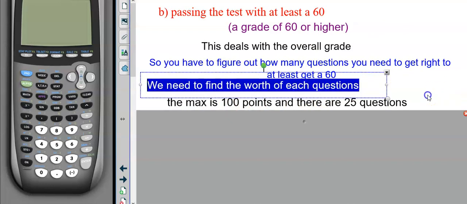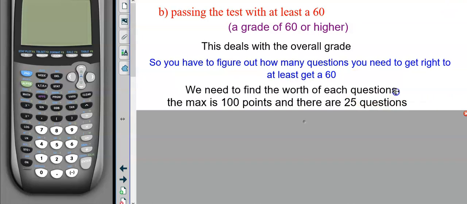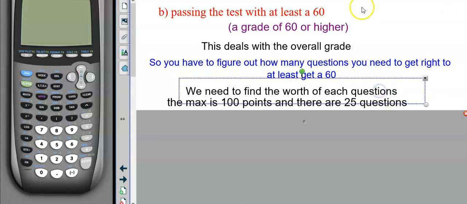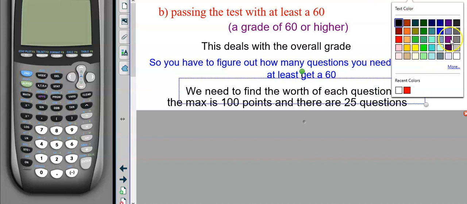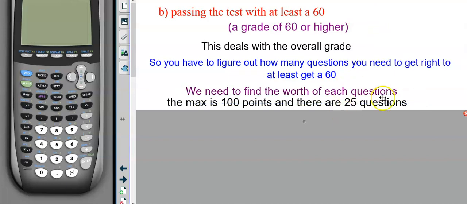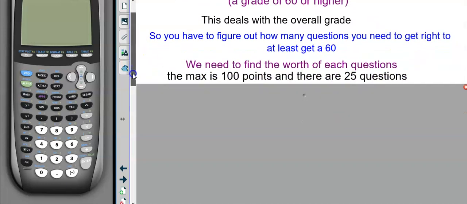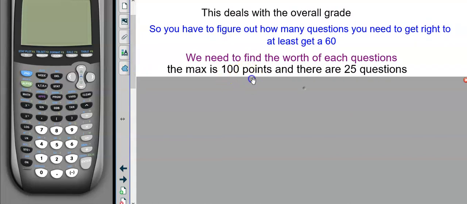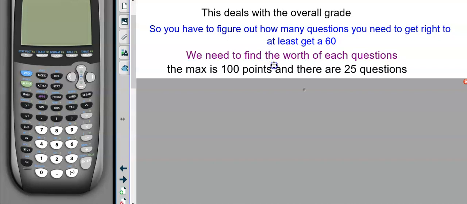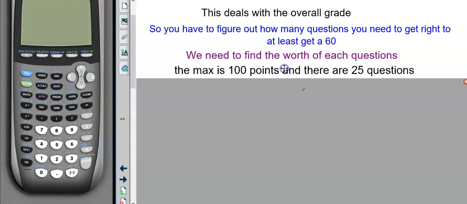There we go. So we need to see the worth of each question. In other words, how much each question is worth. To find that, we know the max number of points is 100 and that there are 25 questions in all.